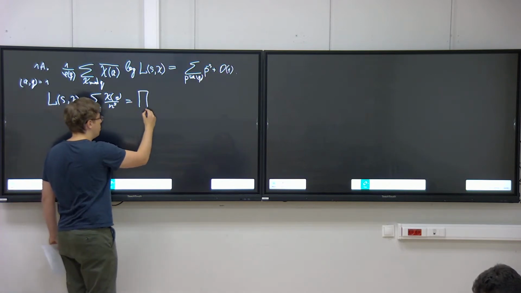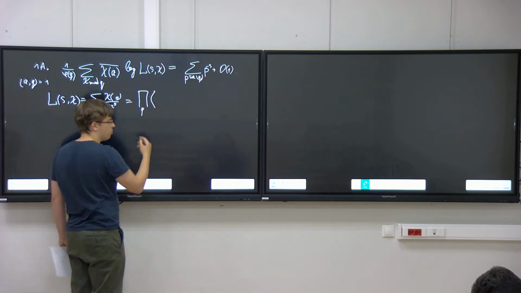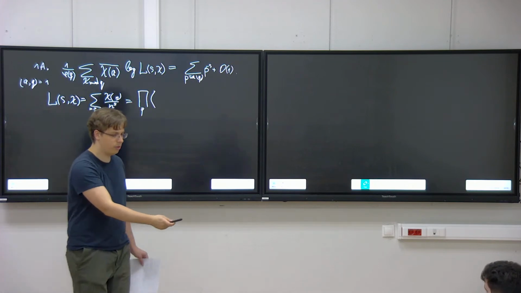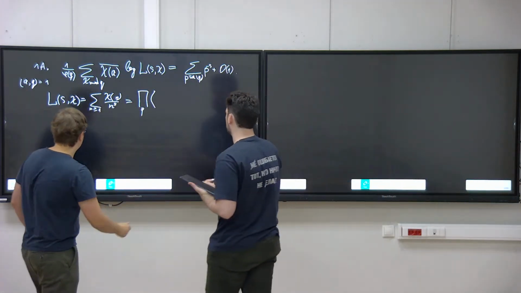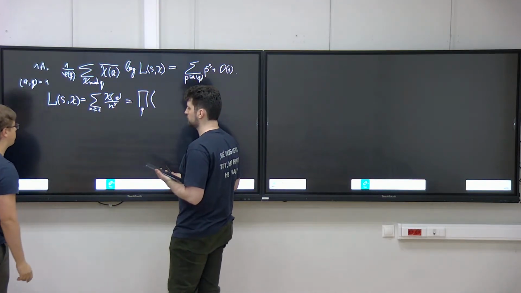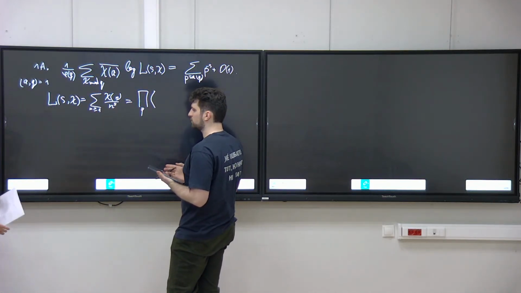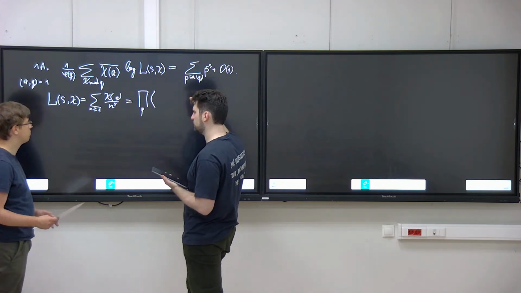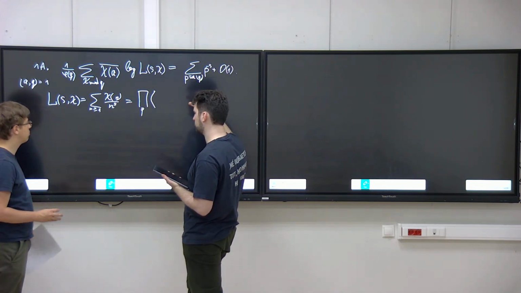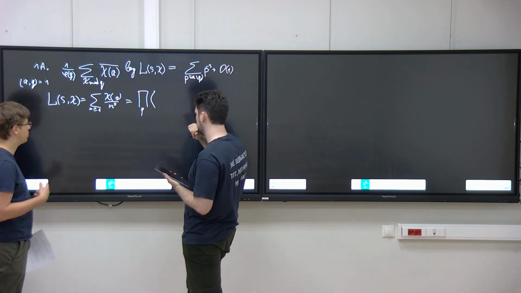It's a product over primes of what? As far as I remember, chi of n is a multiplicative function, and for every multiplicative function we have an Euler product. As far as I remember, it was 1 minus 1 over p to the power s, or something like that, to the power minus 1.